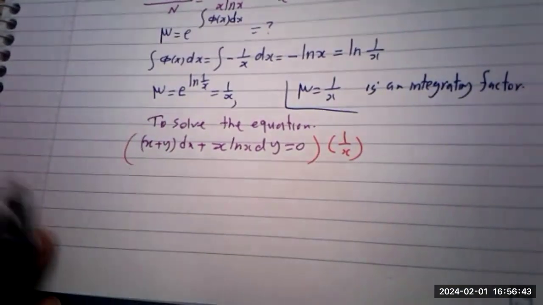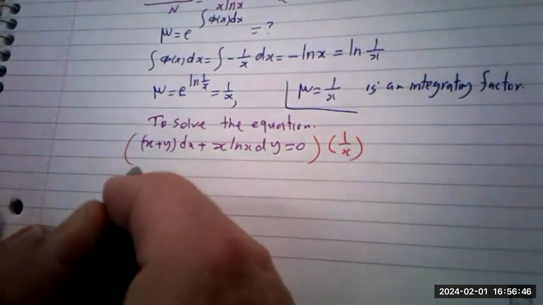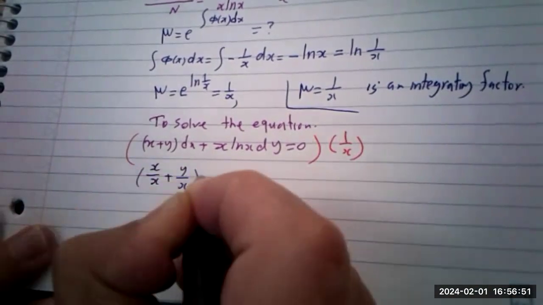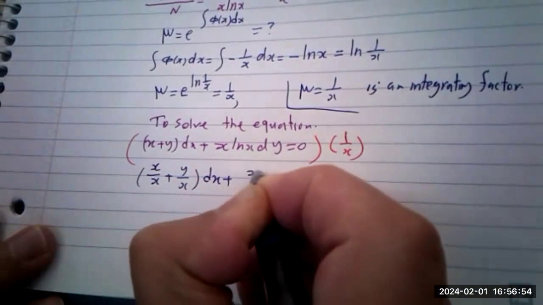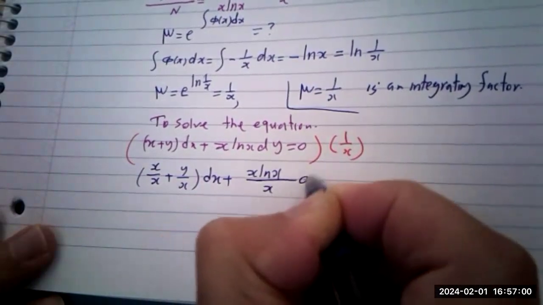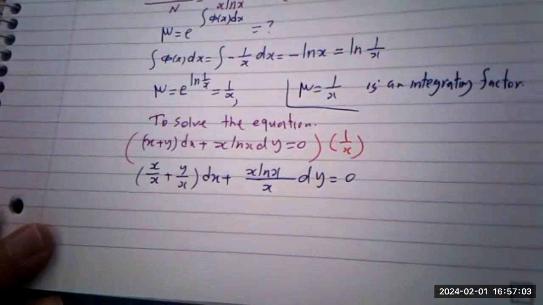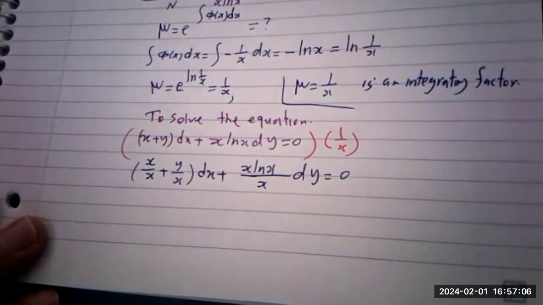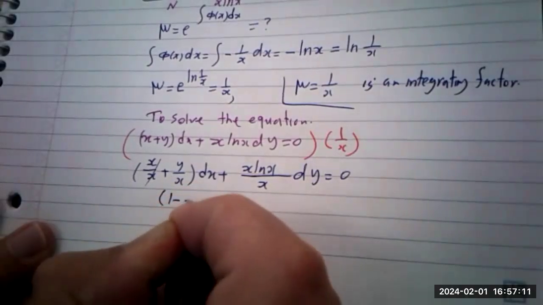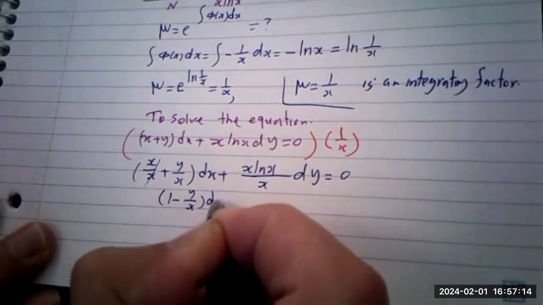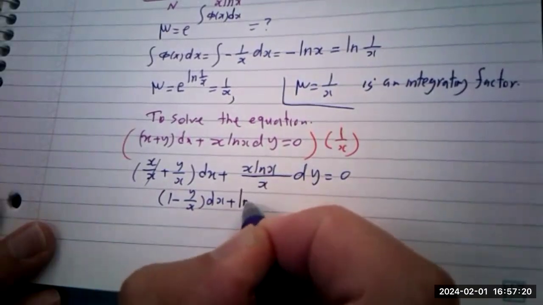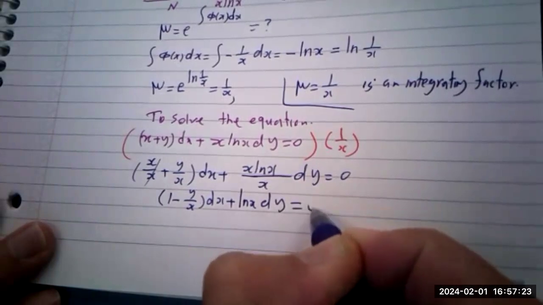For the first one, I just write it down; you can write it in short form. 1 over x times x gives x over x, plus y over x, dx, plus x ln x divided by x, dy equal to 0. Multiplying by 1 over x is like dividing by x. Now simplify: these two would be 1. That gives you 1 plus y over x dx, plus ln x dy equal to 0.